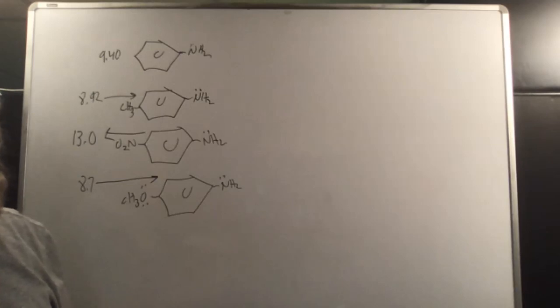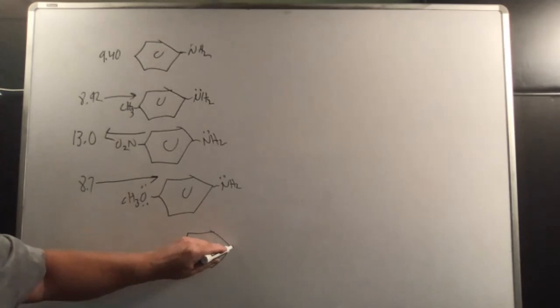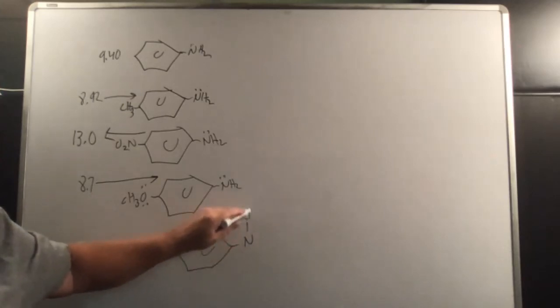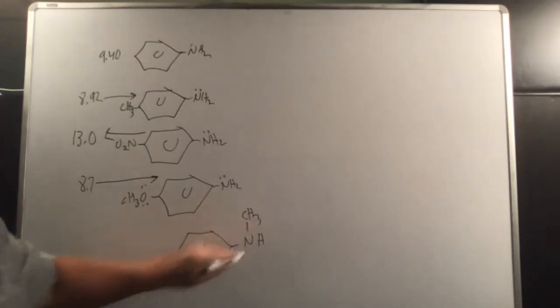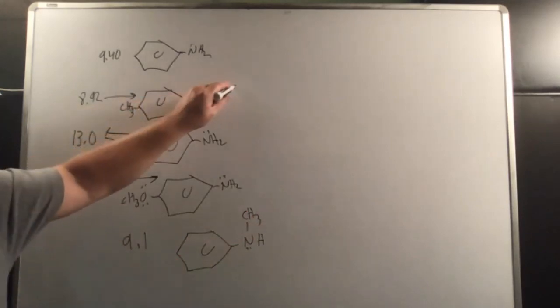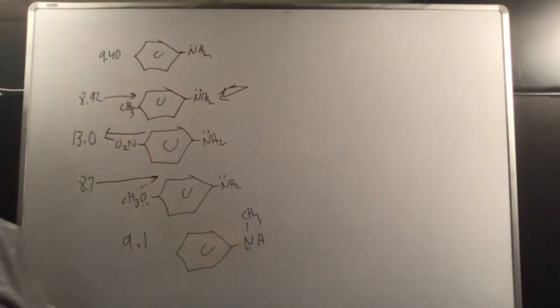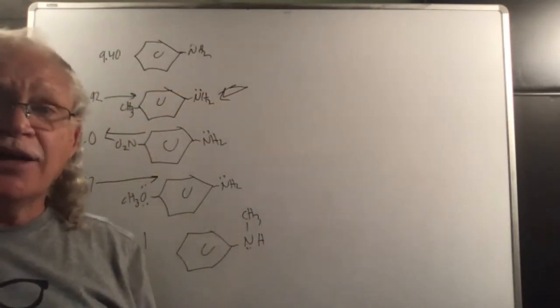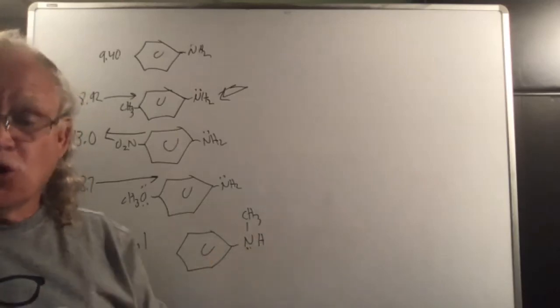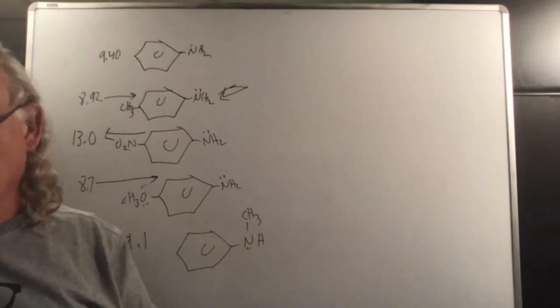If you're looking on page 10 now, if we're looking at this compound here, where we put the methyl group on the nitrogen itself versus where we put it on the ring, this has a pKb of 9.1. Notice the methyl group up here can donate electrons better than the methyl that's directly attached to the nitrogen. The ring structure allows these electrons to be donated very, very nicely.